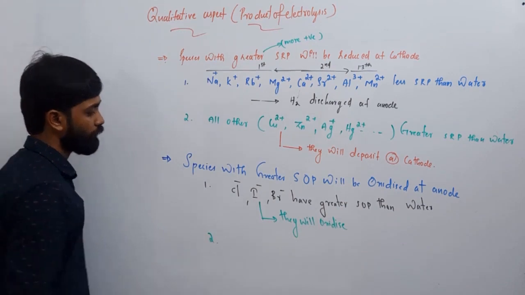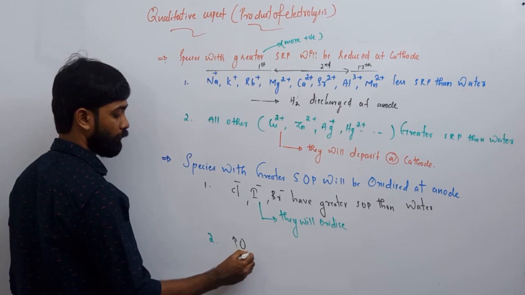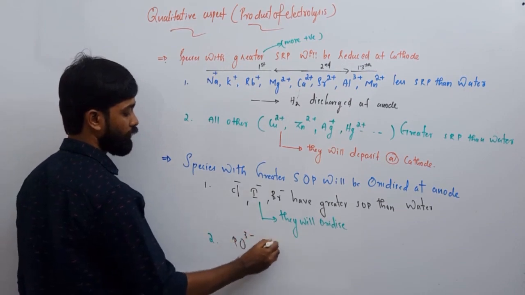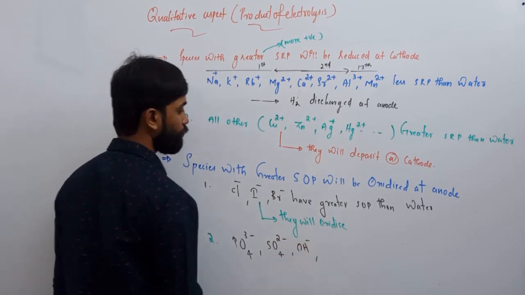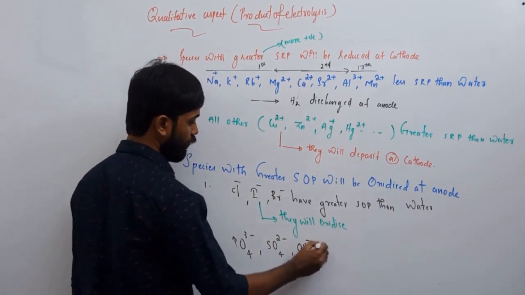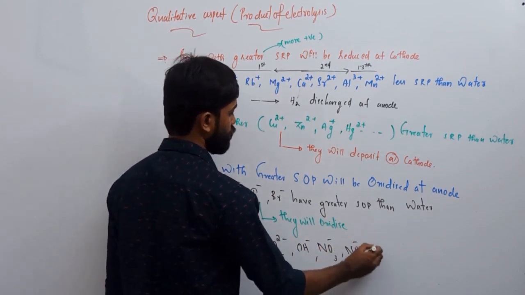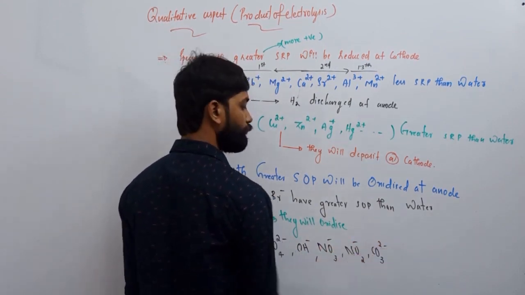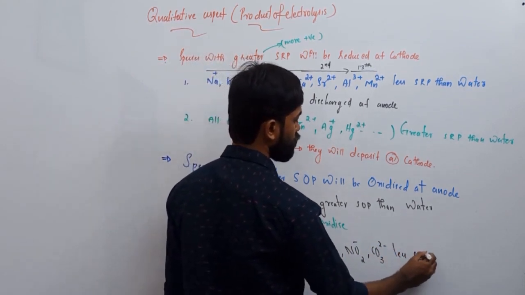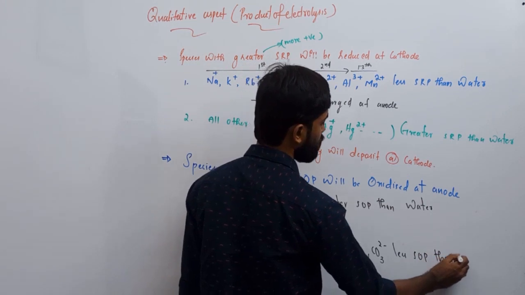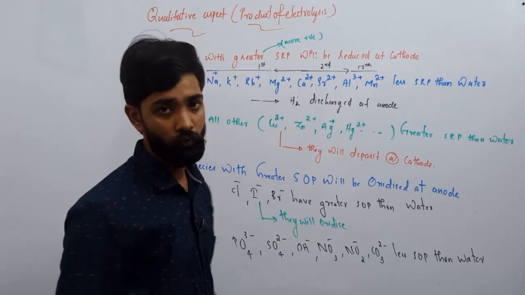The next point is polyatomic species like PO4 3 minus, SO4 2 minus, OH minus, NO3 minus, NO2 minus, CO3 2 minus. These all have less SOP, less standard oxidation potential than water, which means that if there is a competition between these ions and water, what happens?